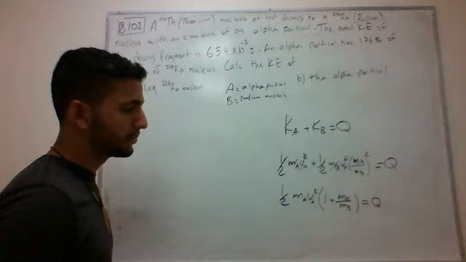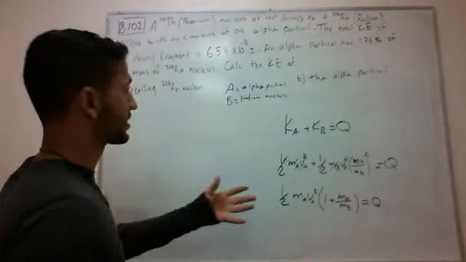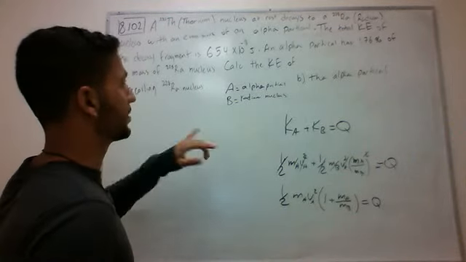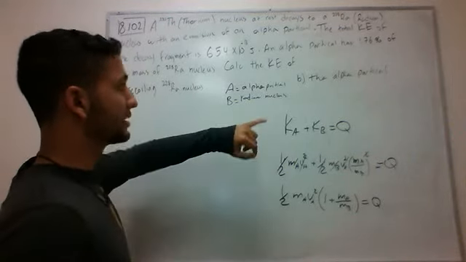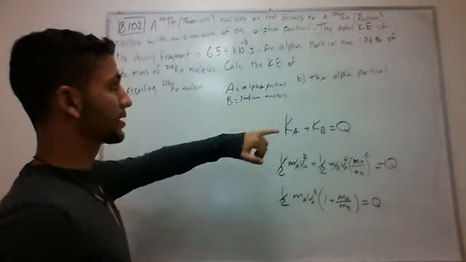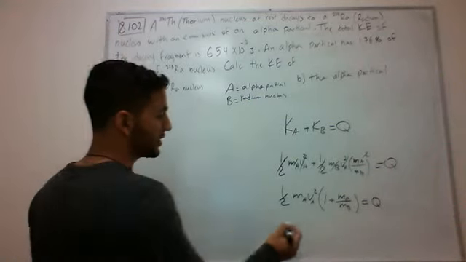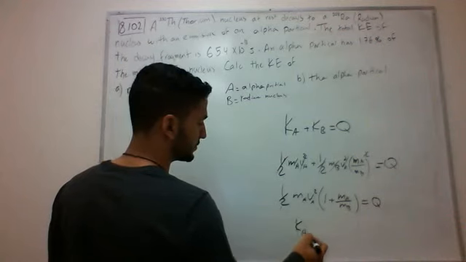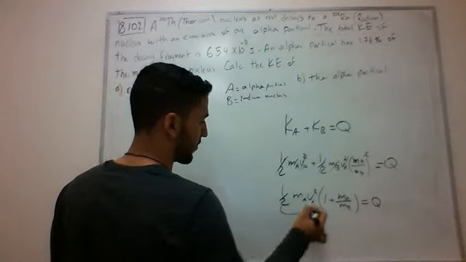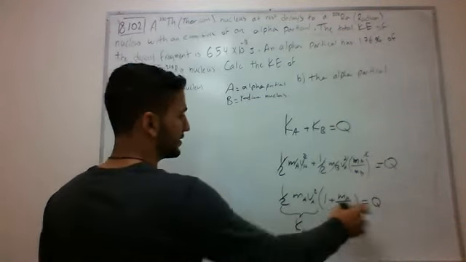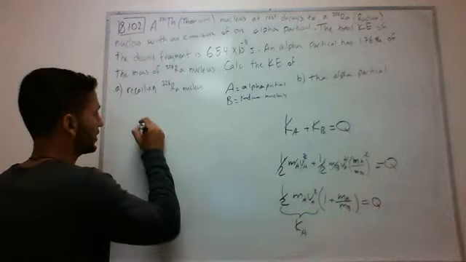But we still need to do simple algebra to help us calculate part A and part B. So part B asks us to calculate the kinetic energy for the alpha particle. So we know that Ka is exactly like this. Basically we divide this on the other side and we can get the value of Ka.